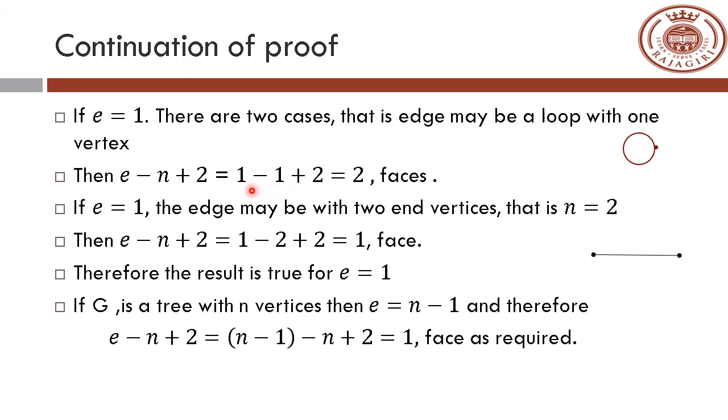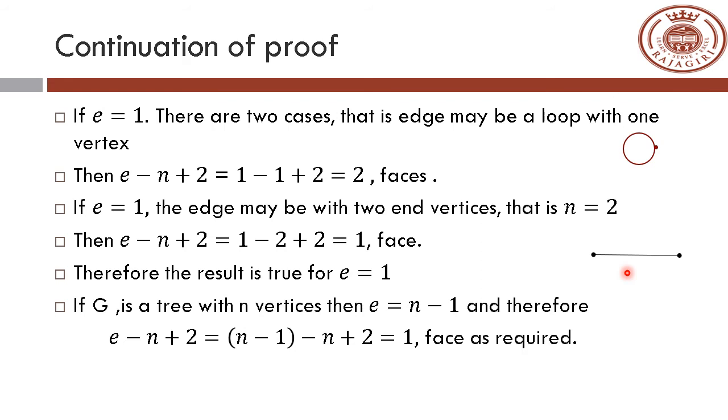For e = 1, n = 1, that gives 1 - 1 + 2 = 2 faces. It is clear that if you consider a loop with one vertex, you have one interior face and one exterior face. Therefore, Euler's formula is satisfied.